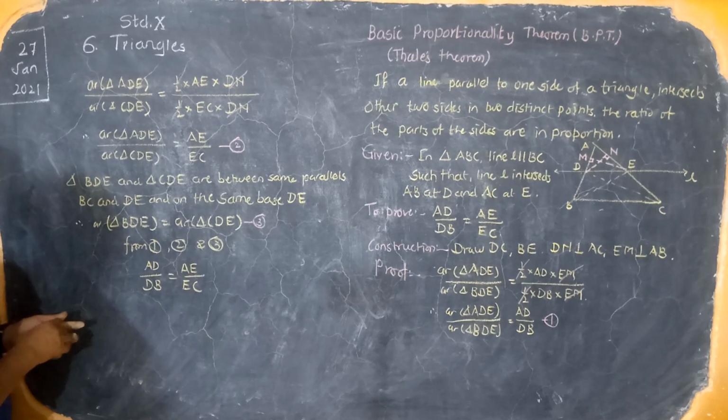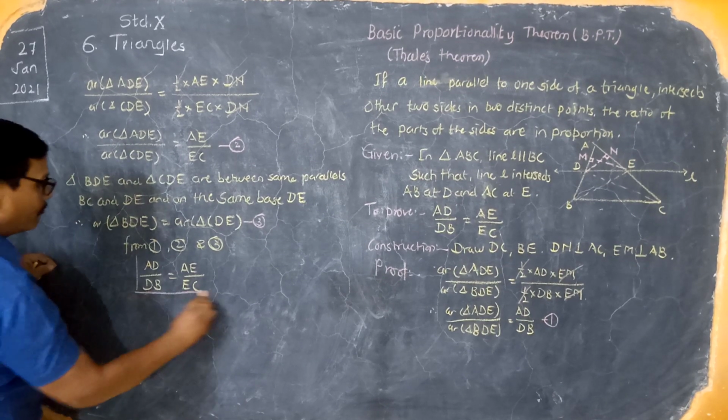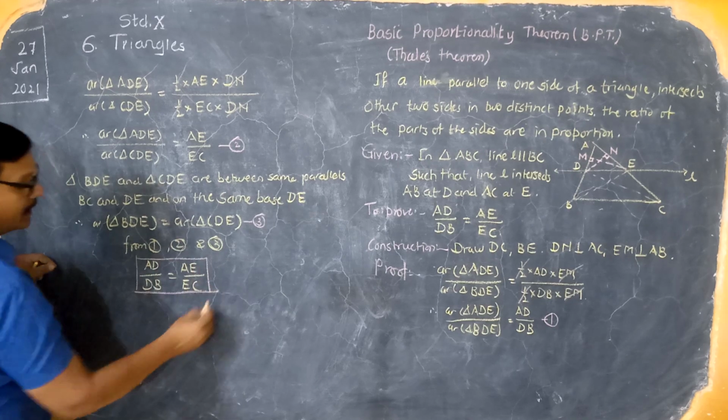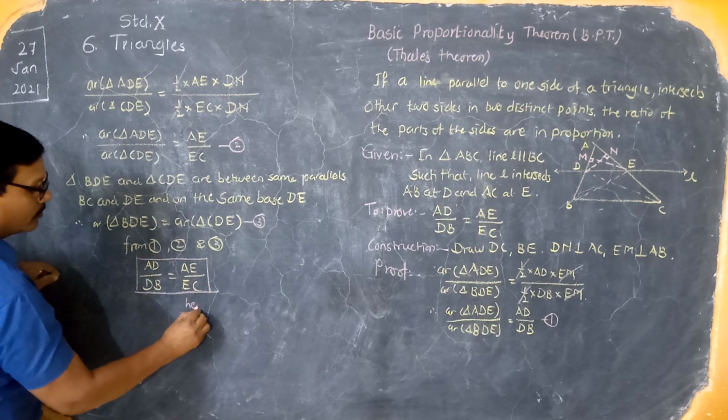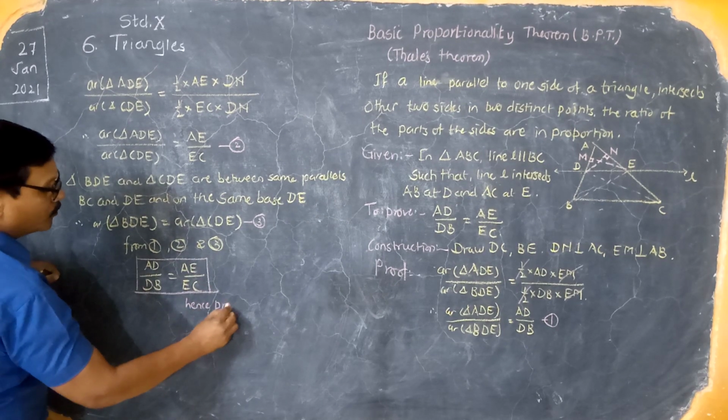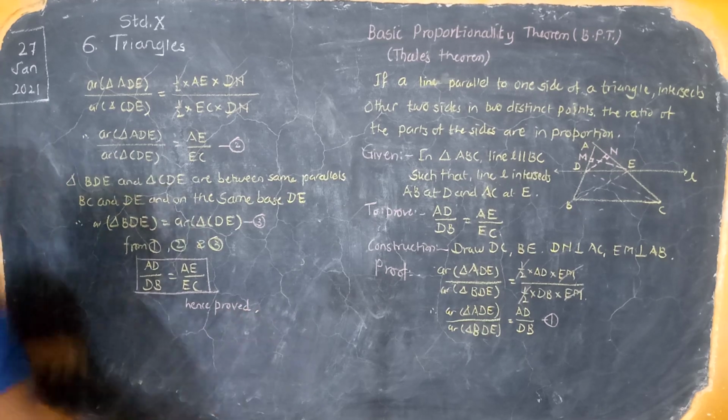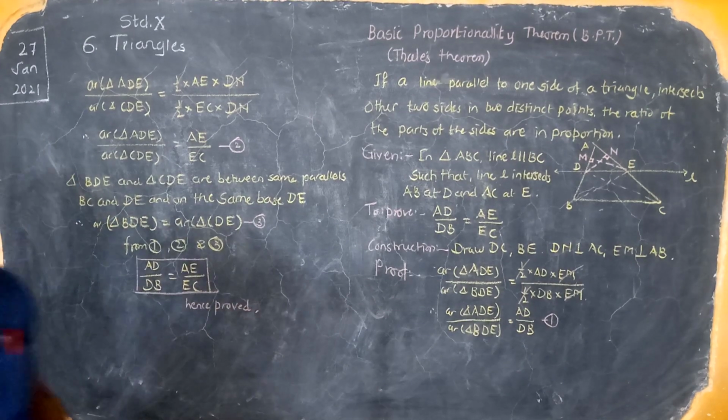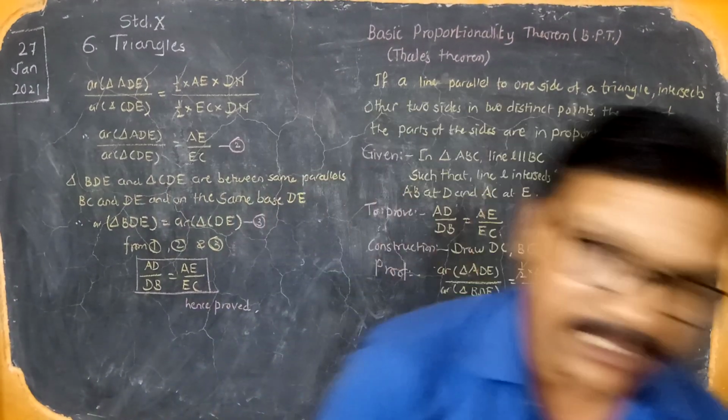Hence, which theorem is proved? Basic proportionality theorem is proved. Hence, proved. This is BPT or basic proportionality theorem or Thales theorem.